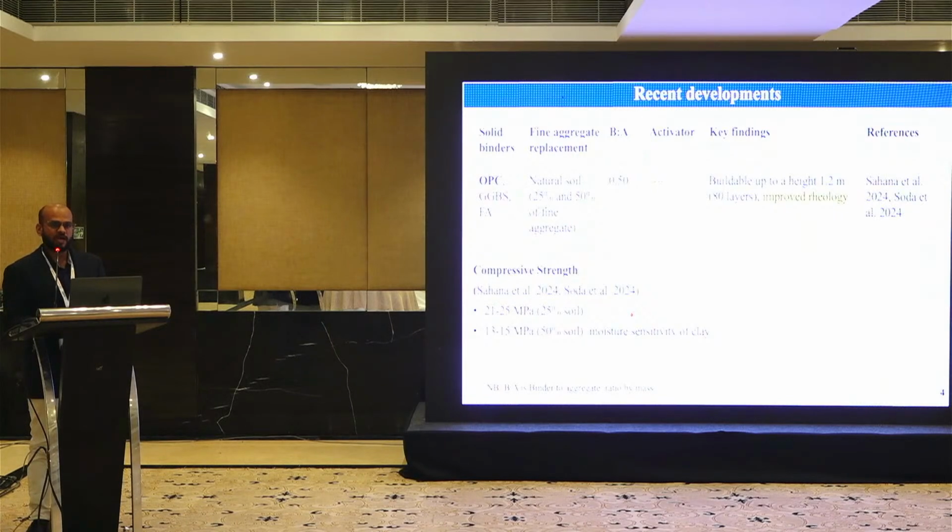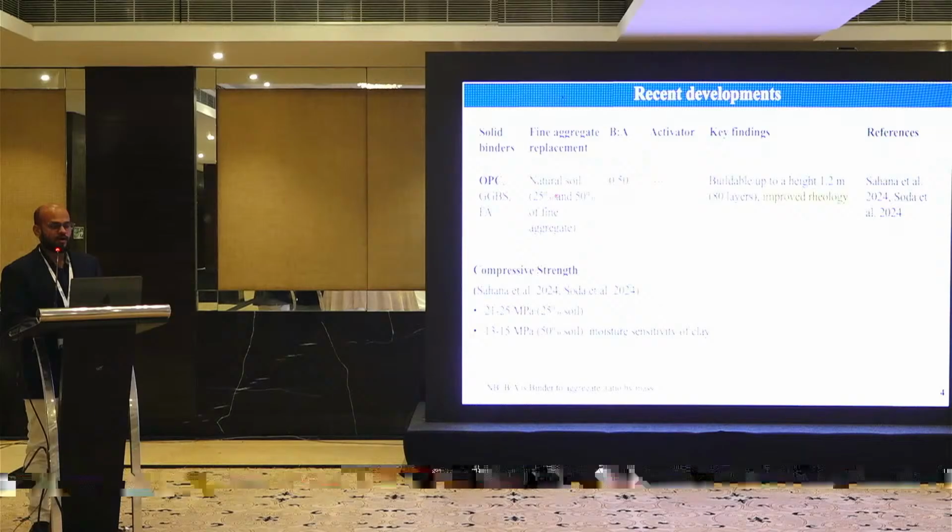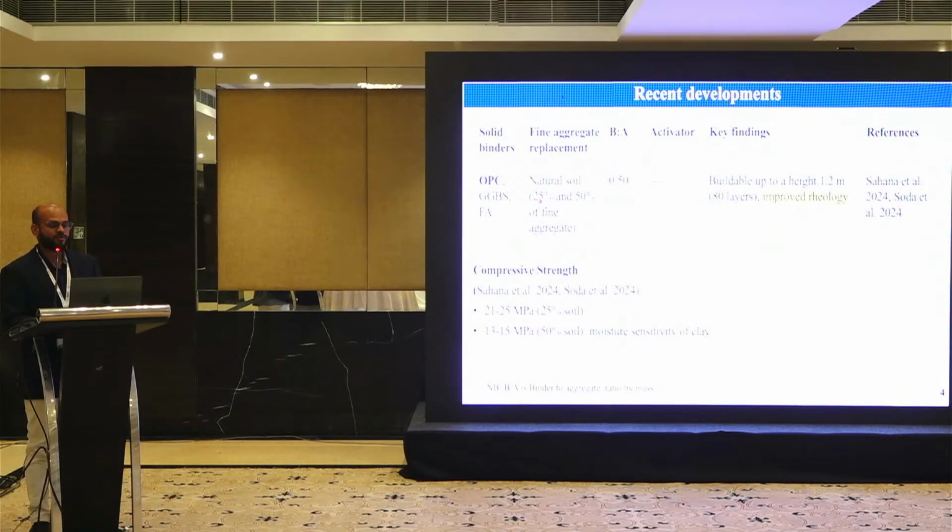So what are the recent developments in utilizing it for developing 3D printable material? Recently, in OPC based material, natural clay soil has been replaced by 25% and 50% of fine aggregate, with a binder to aggregate ratio of 0.5, and they were able to get up to 1.2.